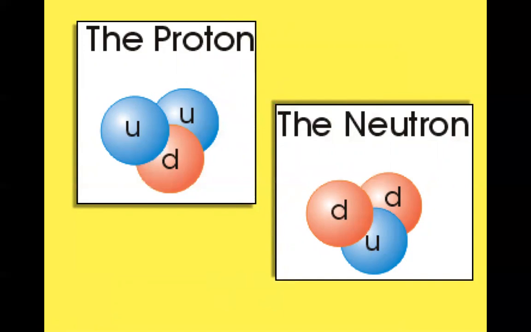When we assemble them, since the protons are positive and the electrons are negative, and opposites attract, that's what holds the atom together. The positive and negative charges account for the stability of a neutral atom.